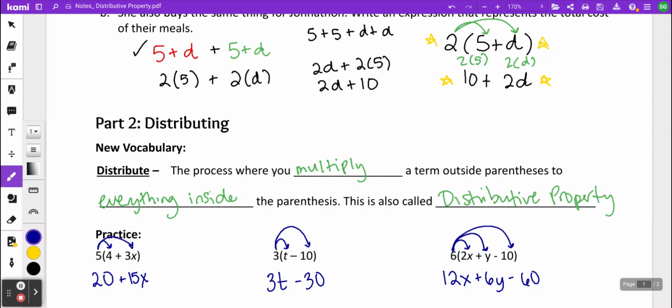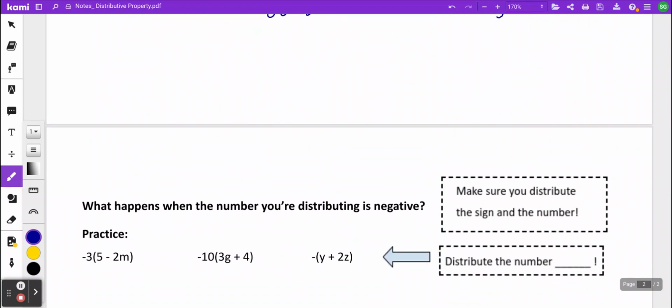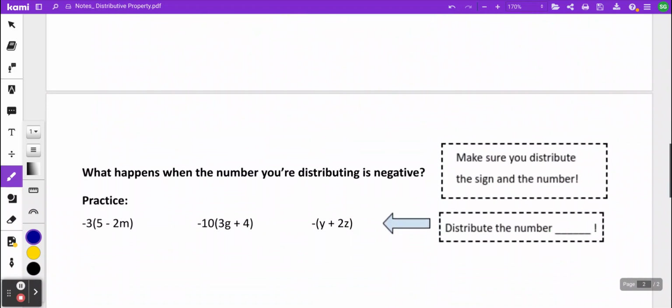Lots of multiplication. Now, there's something that all 4 of these problems so far have had in common. Here I multiplied 2, multiplied 5, 3, 6. The question I have is what happens when the number you're distributing is negative?